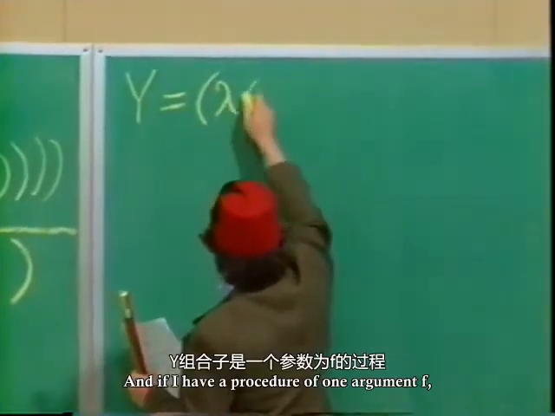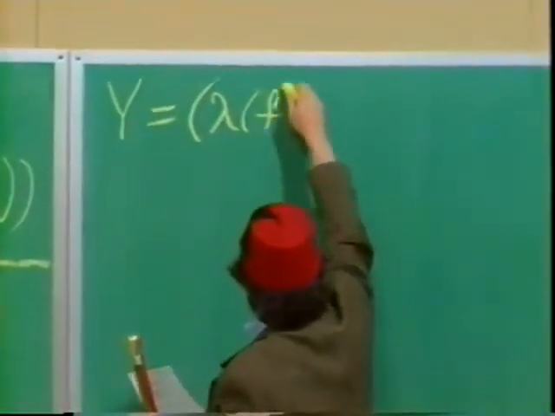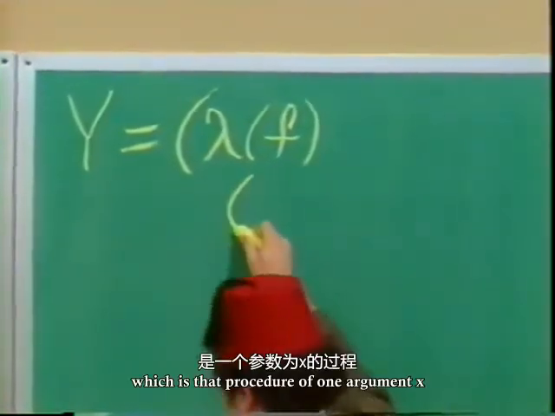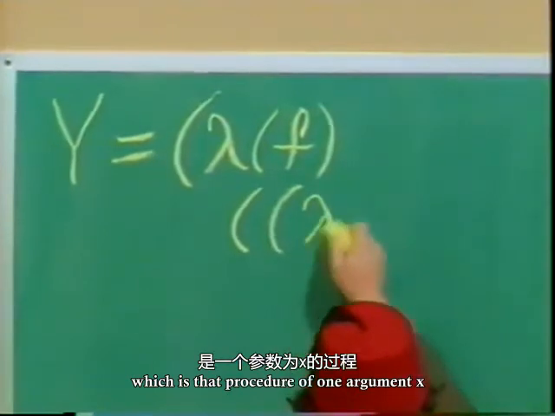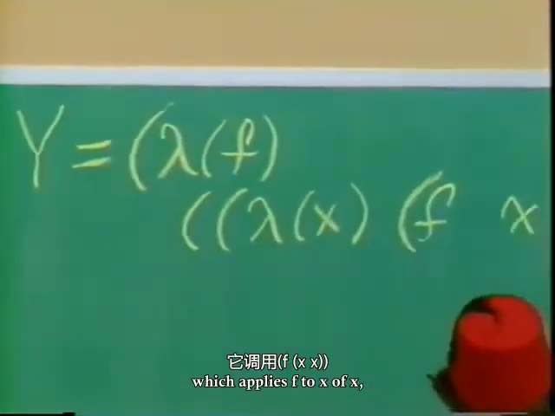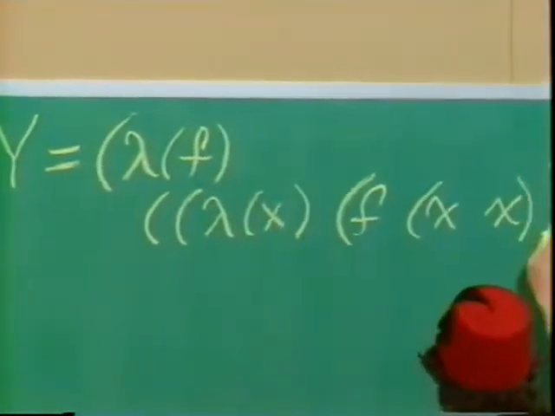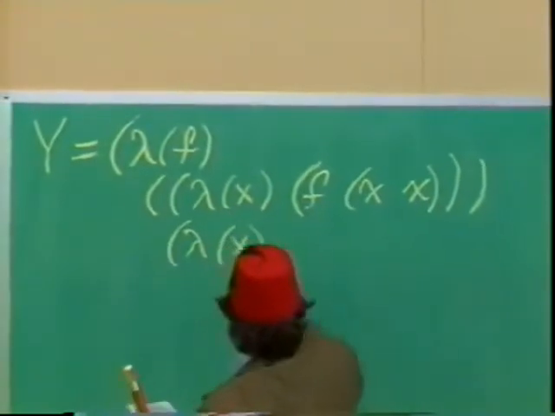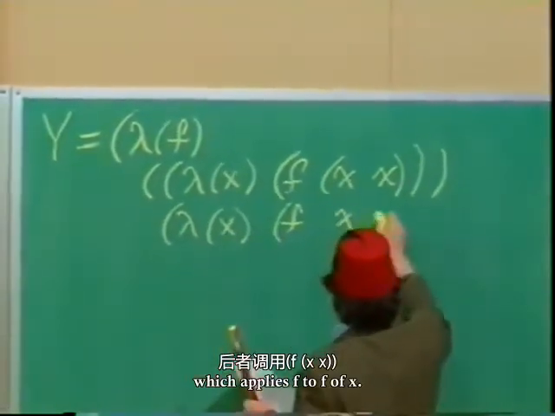And if I have a procedure of one argument f, what's it going to have in it? It's going to have a kind of infinite loop in it, which is that procedure of one argument x, which applies f to x of x, applied to that procedure of one argument x, which applies f to x of x.